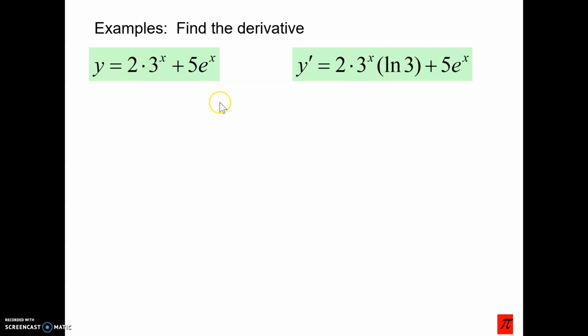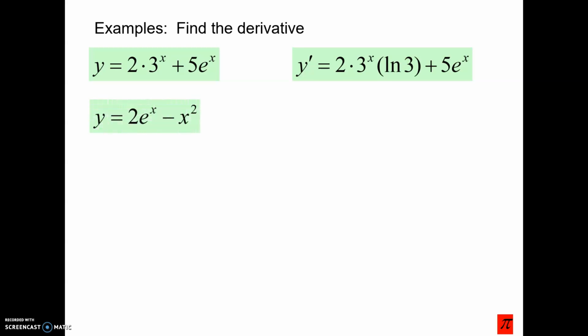Notice this uses the constant multiple rule, then the exponential rule, which is itself times the natural log of its base, plus we're using the sum rule, so we add. This is the constant multiple rule times e to the x, so the constant multiple comes to the front, and then I take the derivative of e to the x, which is itself, e to the x.